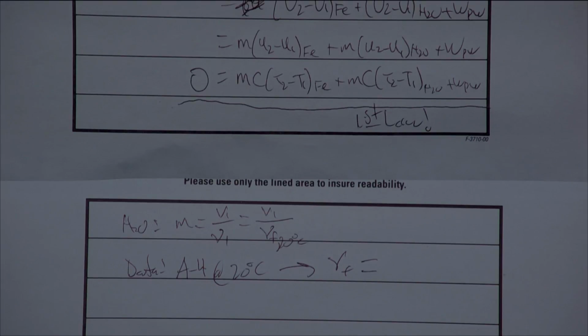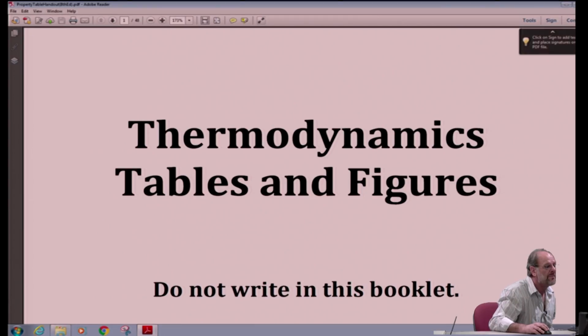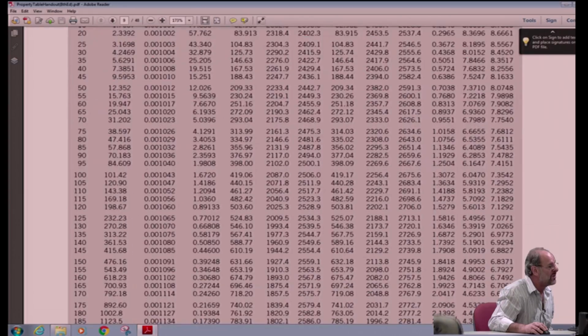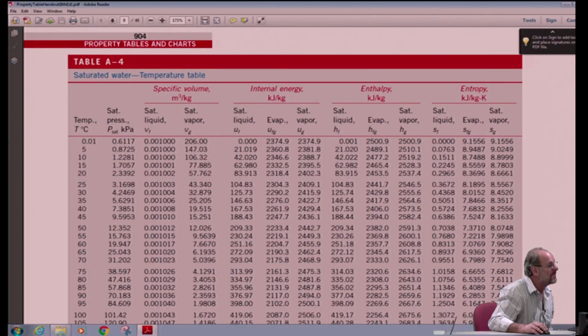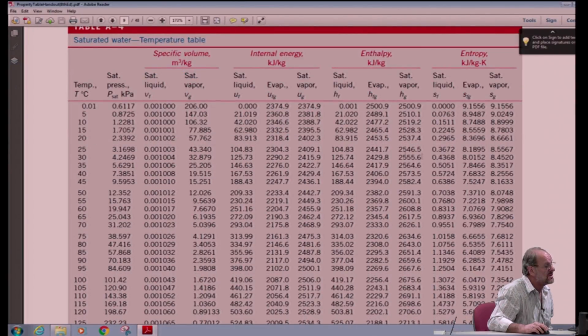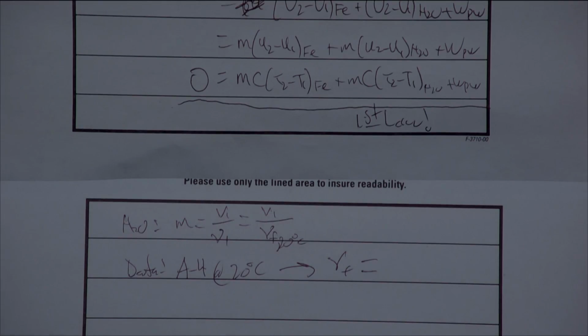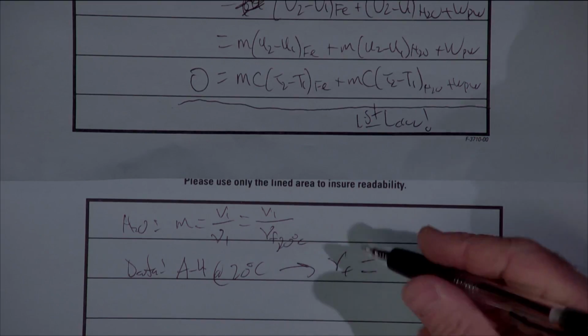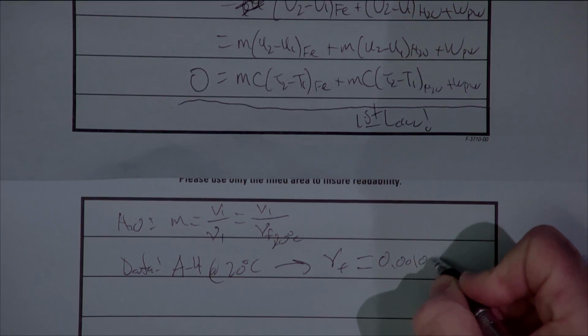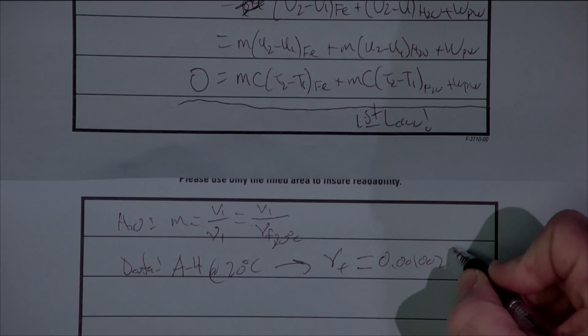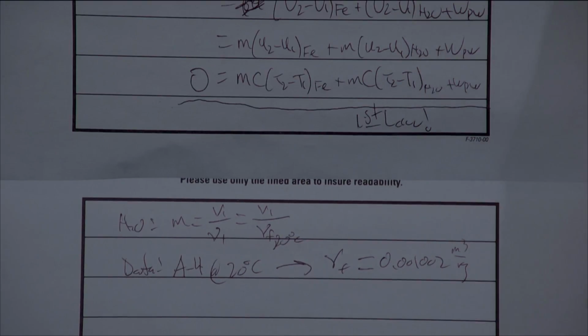So let's go get our data. All right, so we're dealing with water at this point. Saturated water. And this looks like the right table. You'll see that vf is 0.001002 meters cubed per kilogram.